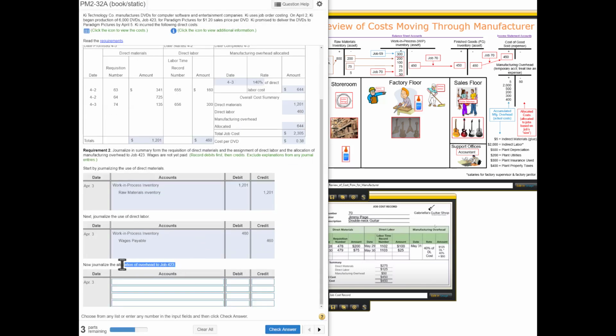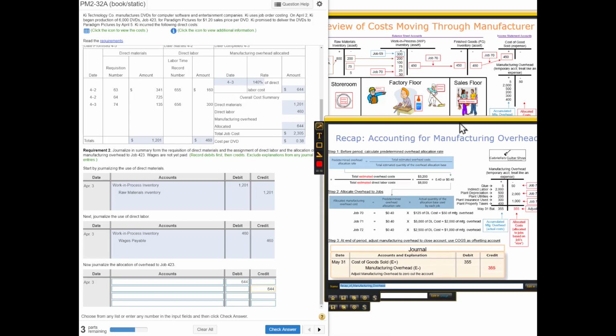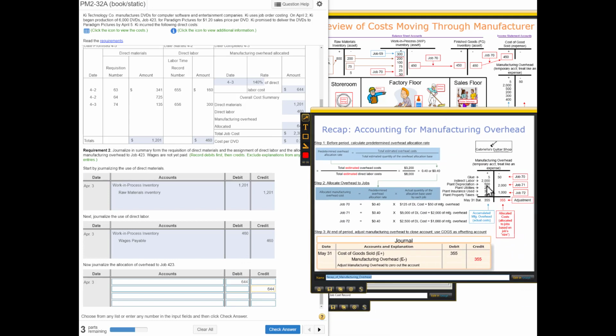Next, journalize the allocation of overhead to job 423. So this $644, the manufacturing overhead, so we know the debit and credit. So as a reminder how manufacturing overhead works, it's a temporary equity account treated like an expense, so it increases on the left side.